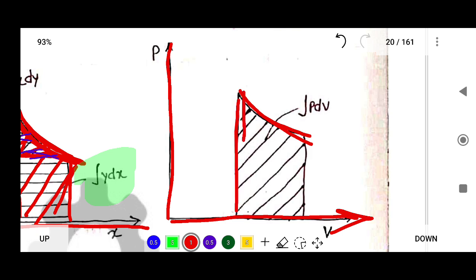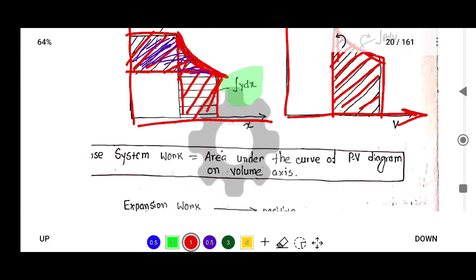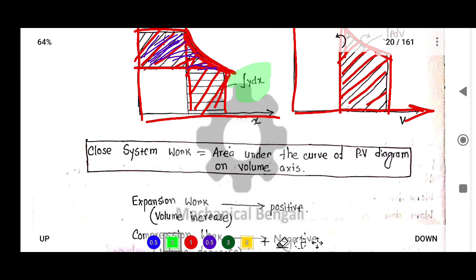If you draw a line perpendicular to the volume axis, then this area is known as integration P dV. So closed system work is the area under the curve of the PV diagram on the volume axis.